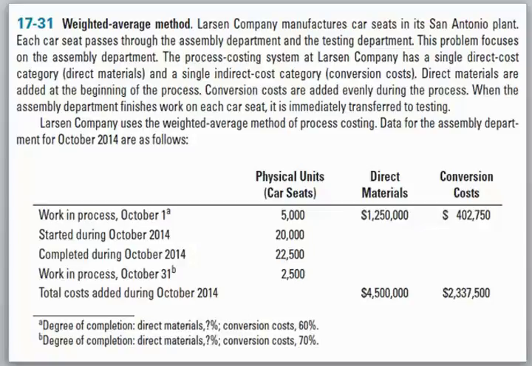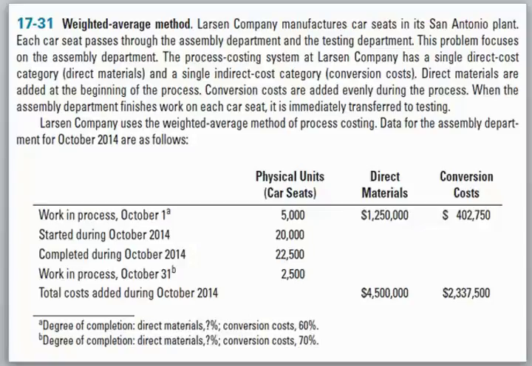The process costing system at Larsen Company has a single direct cost category, which is direct material, and a single indirect cost category, which is conversion cost. Direct materials are added at the beginning of the process. Conversion costs are added evenly during the process. When the assembly department finishes work on each car seat, it is immediately transferred to the testing department.